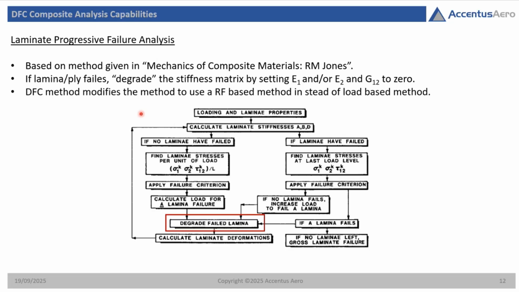We use this principle, but instead of incrementing the load until we get failure, we use the RF. So we have a constant load, and we use the calculated RF data to degrade the stiffness matrix.